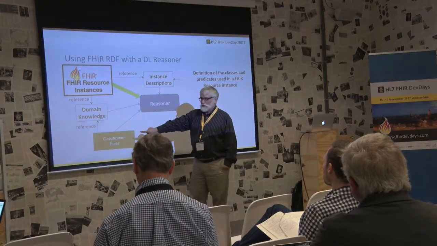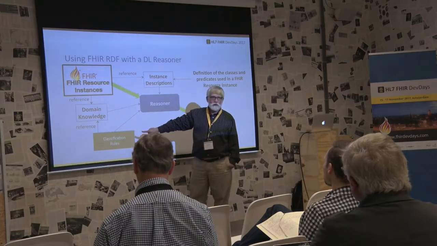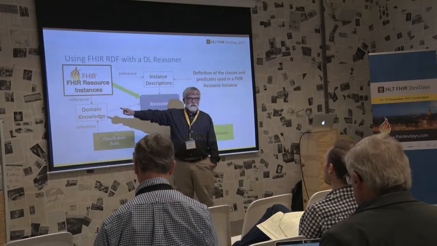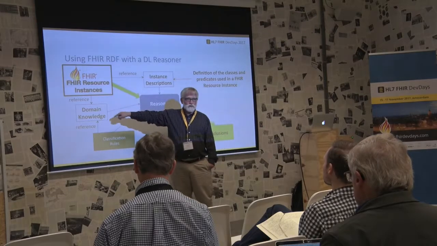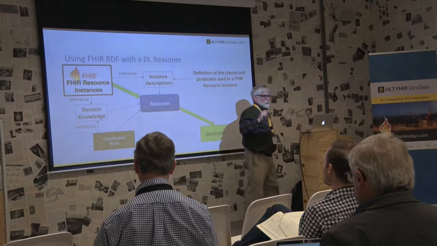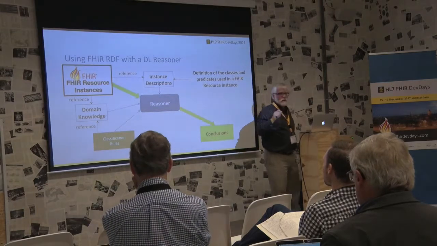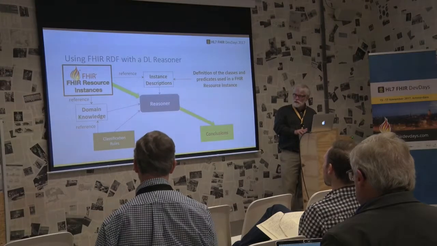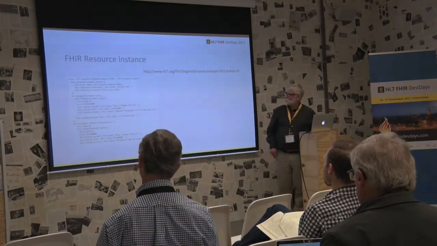I've got a classification rule that says malignant neoplasm, but somewhere I need a bit of domain knowledge that tells me, how do I know whether something's a malignant neoplasm? Because you're rarely diagnosed with cancer. That's kind of the equivalent of being prescribed a drug. You're usually prescribed a particular drug.